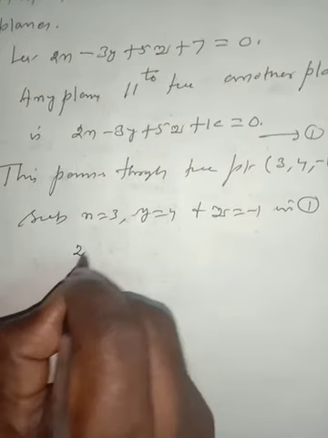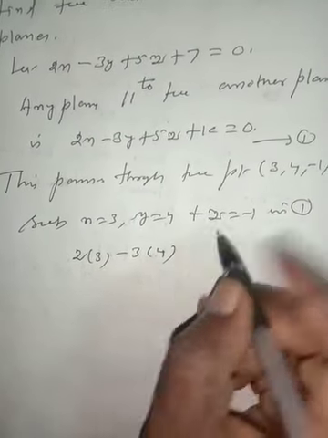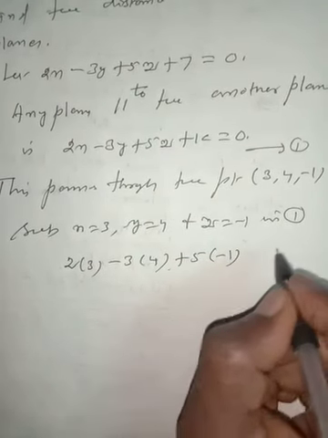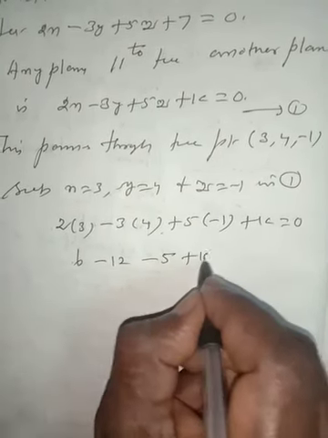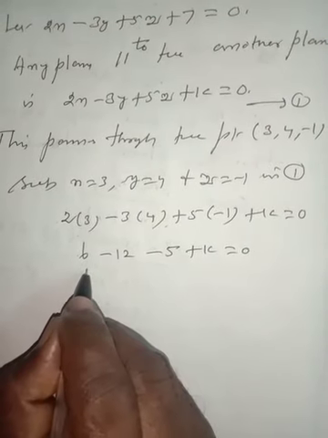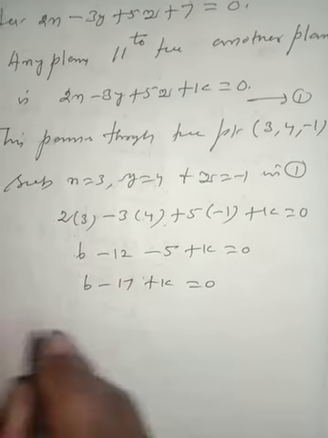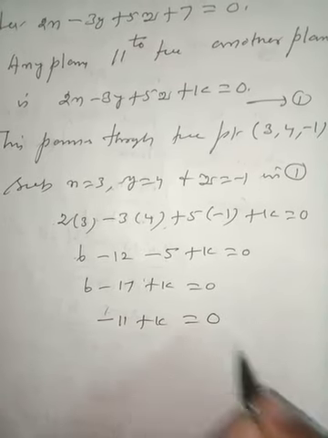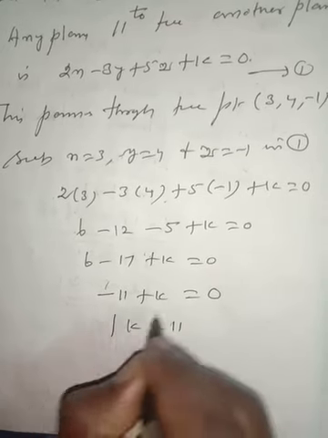We have 2 into 3 minus 3 into 4 plus 5 into minus 1 plus k is equal to 0. 6 minus 12 minus 5 plus k is equal to 0. This means 6 minus 17 plus k is equal to 0. Minus 11 plus k is equal to 0. Now k is equal to positive 11.